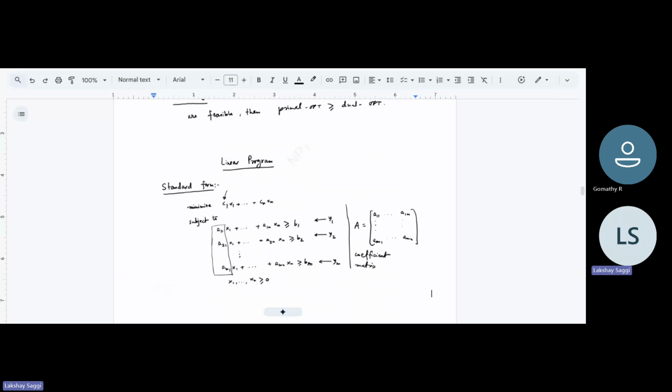And coming to linear programs in general, how do you represent a general linear program? Usually we refer to a standard form of a linear program.